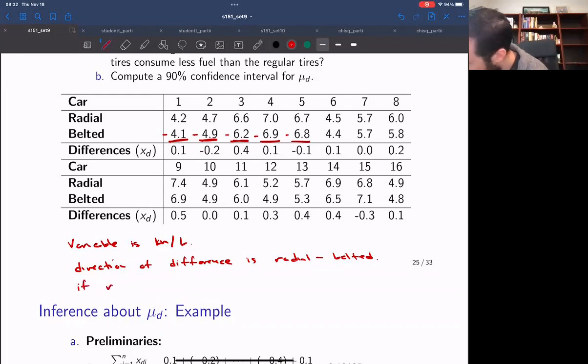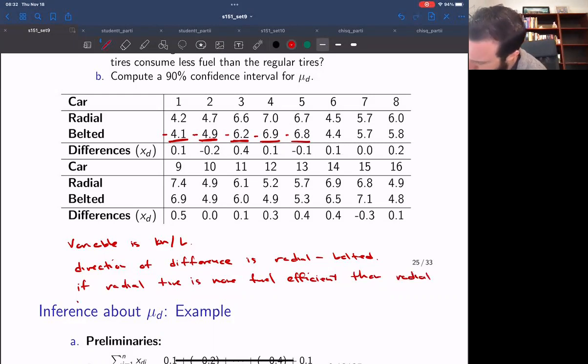If the radial tire is more fuel efficient than belted, radial values should exceed belted values.